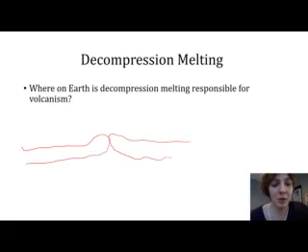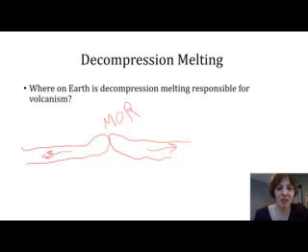So here's my two oceanic plates. They are diverging, and this is creating a mid-ocean ridge, which we all remember is an underwater volcanic mountain chain. And the reason melting happens is because this bit of mantle moves upward, which causes it to melt.